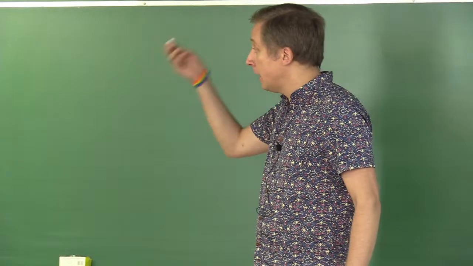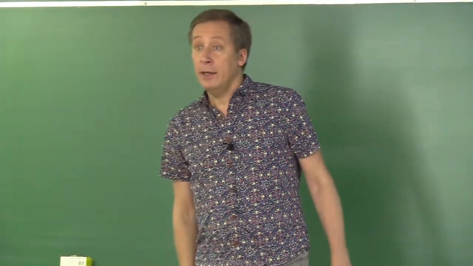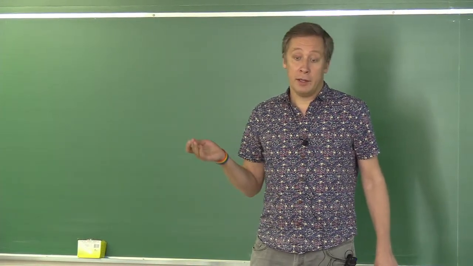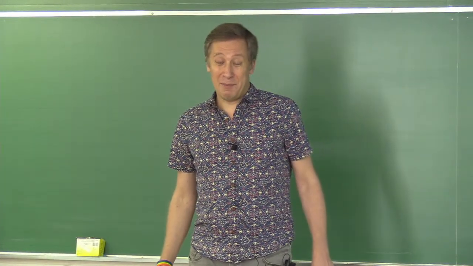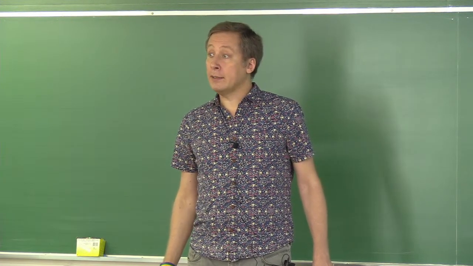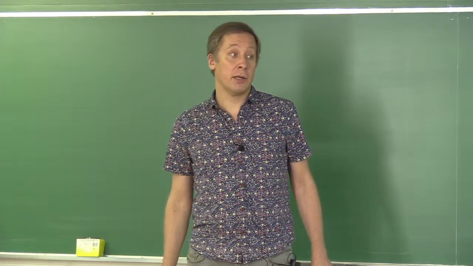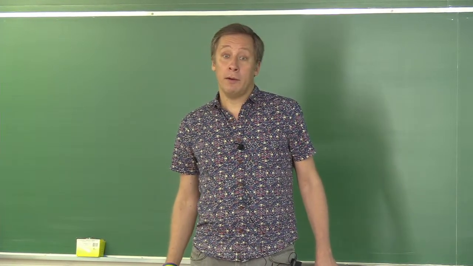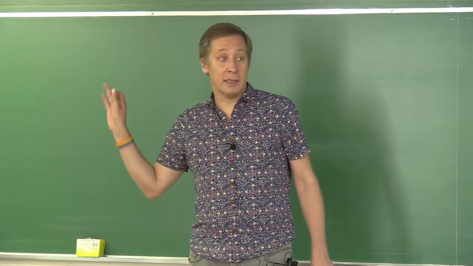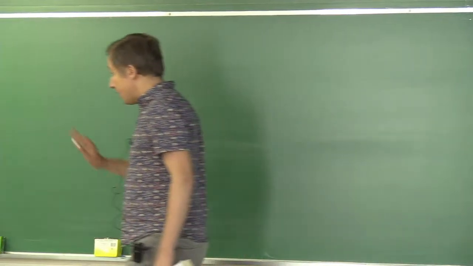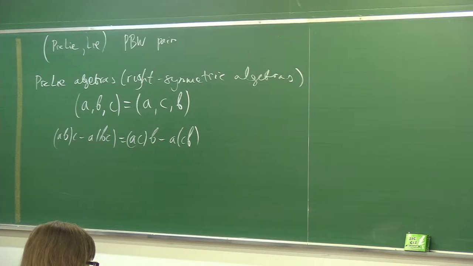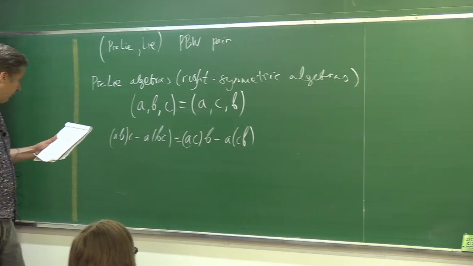But in any case, this specific identity appeared in several different areas of mathematics in the 1960s, in the work of Gerstenhaber on deformations of associative algebras, in the work of Vinberg and Koszul on symmetric spaces. So somehow it kept emerging in different places ever since.